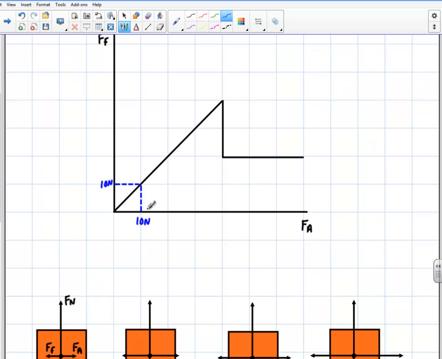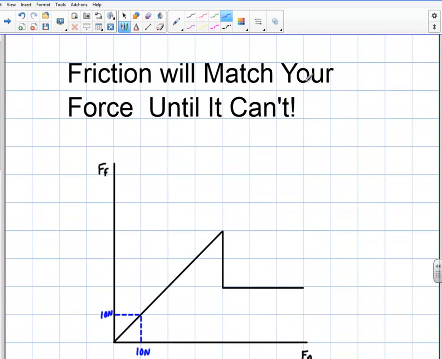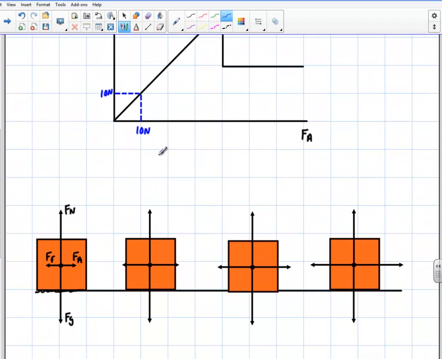It just is. It will match your force until it can't. So we're still well within the range here. You can think about friction somewhat like someone bluffing in a game, like in a poker game. Friction is going to keep bluffing you until it can't, basically. So 10 and 10. There it is.